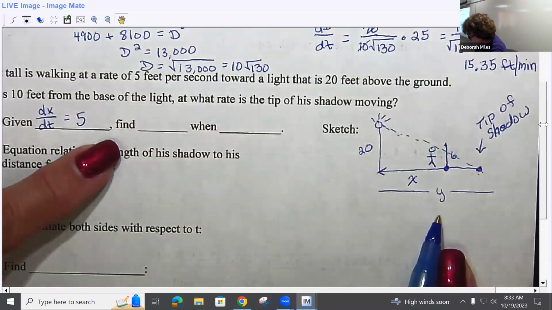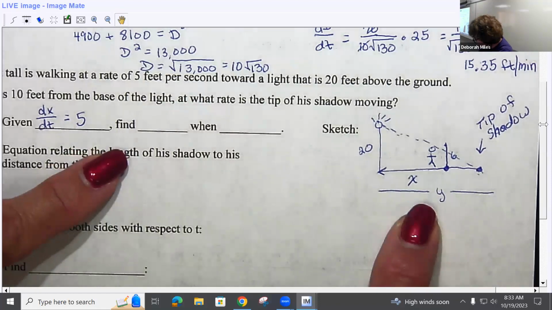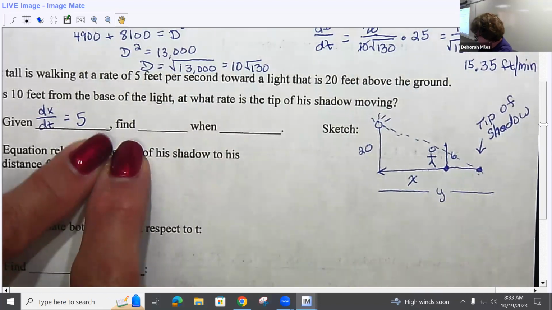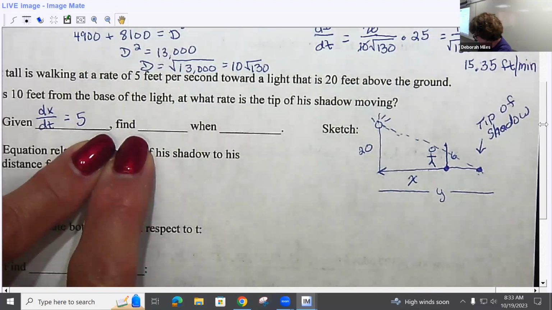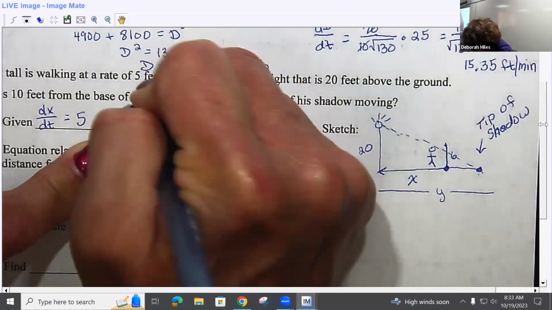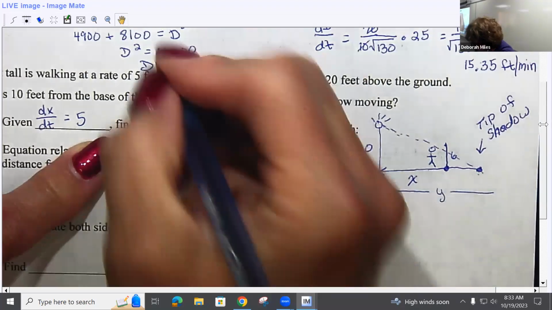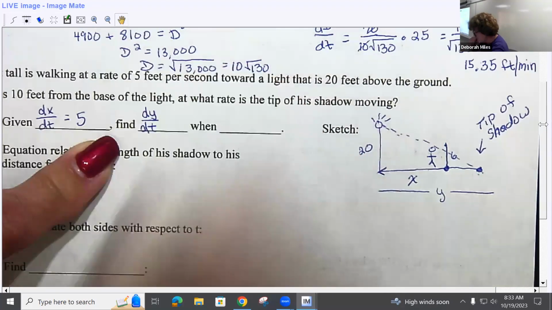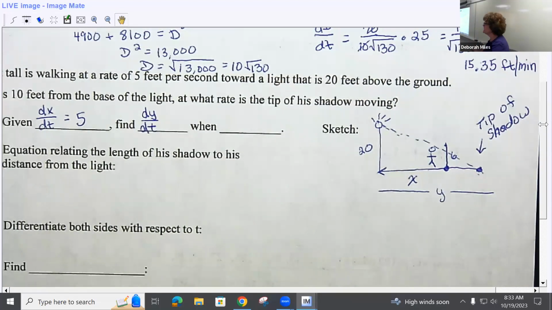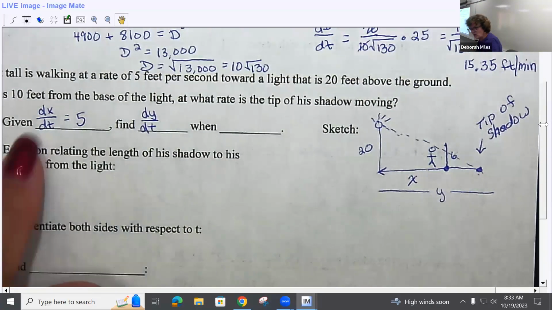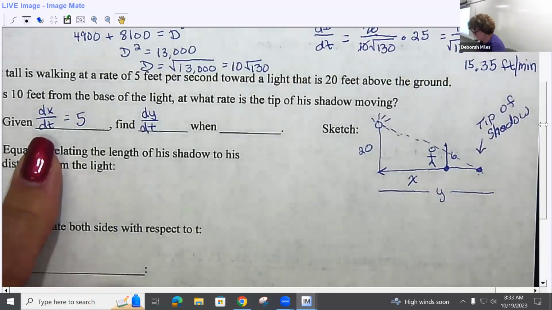All right. So if we're using these labels, what is it that we're looking for? What symbol? That's the rate at which this distance is getting smaller. Ooh, I just thought of something else when I said distance is getting smaller. What does that tell me about dx over dt?